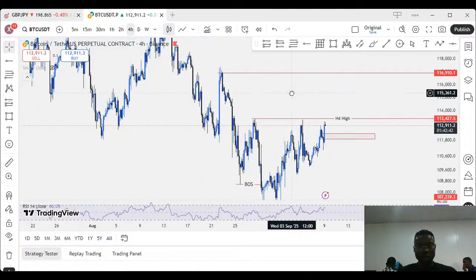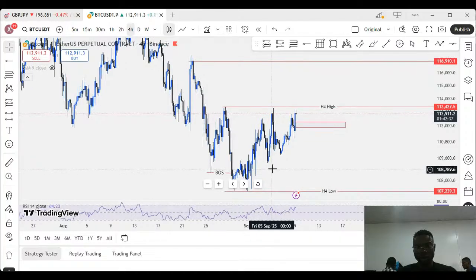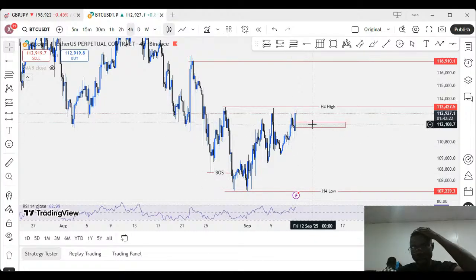So that's my own bias on this BTCUSD. Let's observe what the market is going to do here for a lower time frame entry. Normally we're supposed to make our entry all the way from here or here. So let's just observe what the market wants to do around here, but please trade it with confirmation.